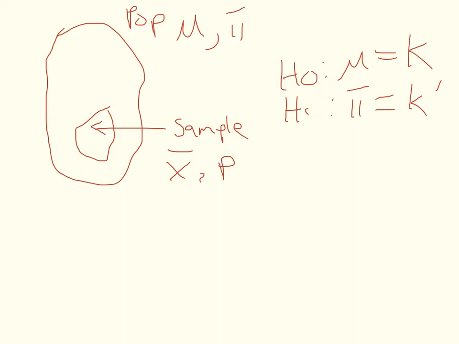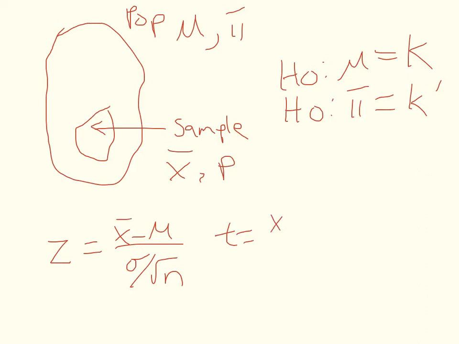And then we'd calculate our z-score. Assuming we could use the z statistic, z is x bar minus mu over sigma over root n for our mean. If we couldn't, we'd use the t statistic, which is x bar minus mu over s over root n.